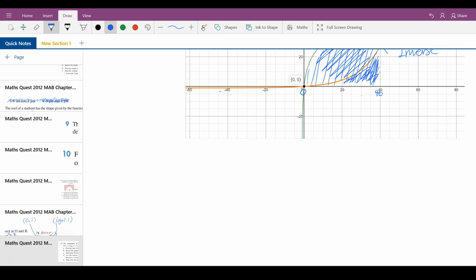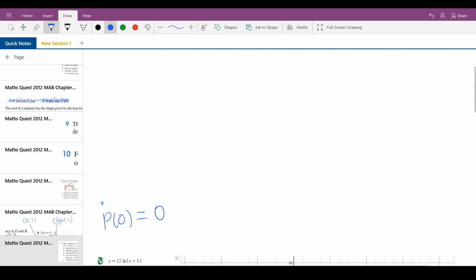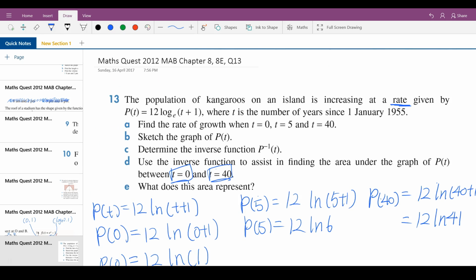Let's go back to the question. We are supposed to use the inverse function to assist, but it doesn't really help me that much. So we find the area under the curve of the growth function between t equal to 0 and t equal to 40.